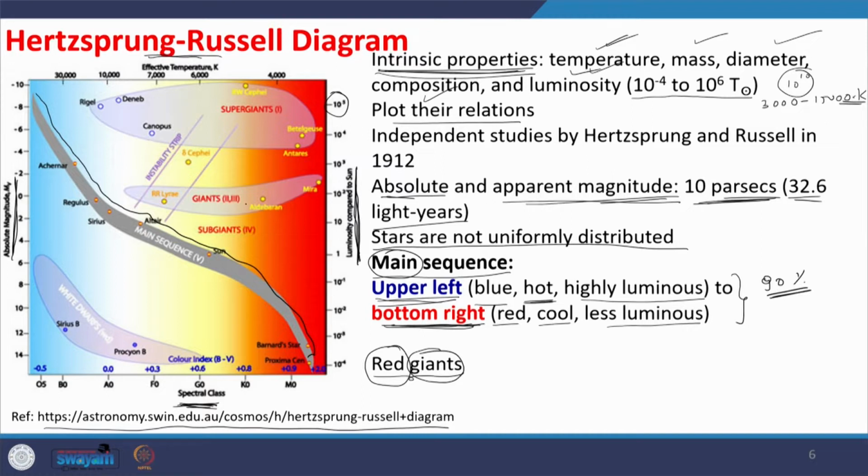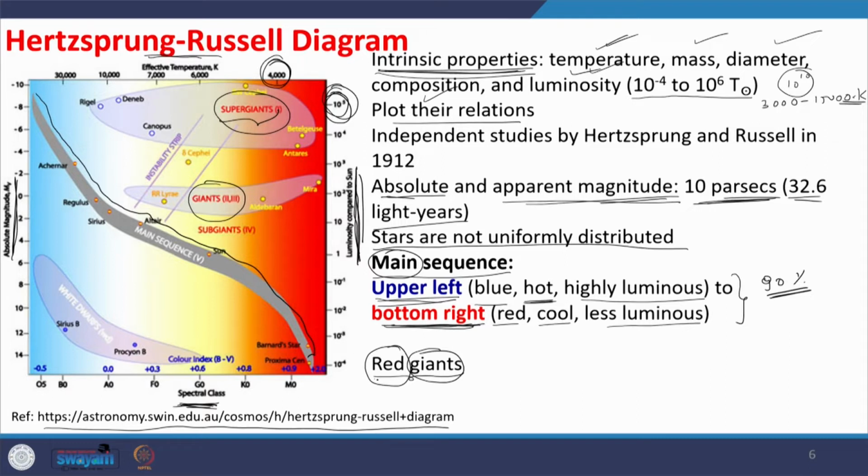You can see in this diagram the giants, and if you go above this, the supergiants. They are red in color, low temperature, high luminosity. The supergiants have luminosity very high, like 10 to the power of 5, temperature very low, like 4000 kelvins, and color red.